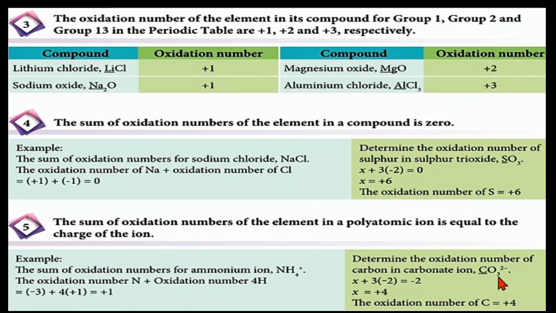We have 3 oxygen, and oxide has a charge of negative 2, so 3 times negative 2 is negative 6. So x minus 6 equals negative 2. Moving negative 6 to the other side becomes positive 6, and positive 6 minus 2 becomes positive 4. So the oxidation number of carbon is positive 4.